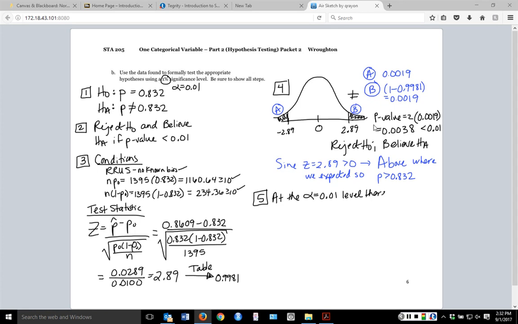Since we rejected, there is statistically significant evidence to support, just as we said above, that p is greater than 0.832, but in words, to support that more than 83.2% of Kentucky children receive the full DTaP vaccination series.